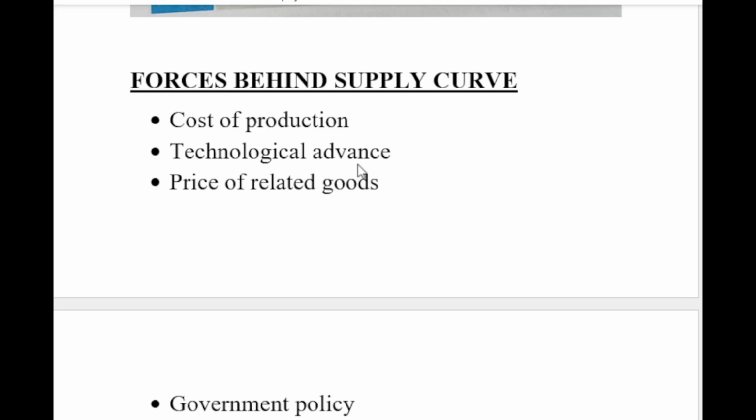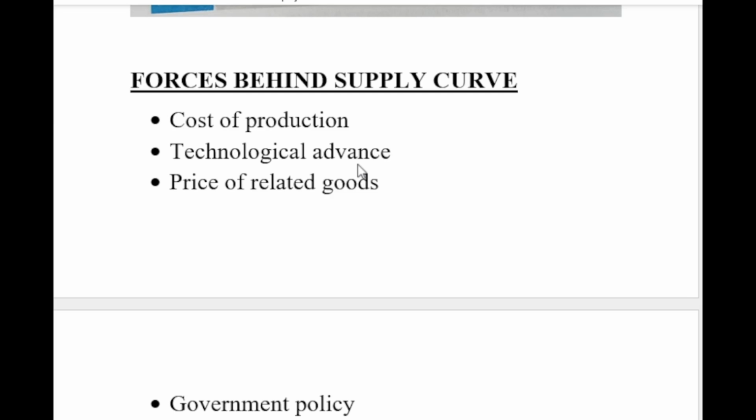The other is the price of related goods. Supply is also influenced by the price of related goods, particularly the alternative outputs of the production process. It means that if the demand for related goods rises, then the supply of that good will rise. Suppose a factory is manufacturing automobiles, and there is a rise in the demand for cars, meaning four-wheelers.